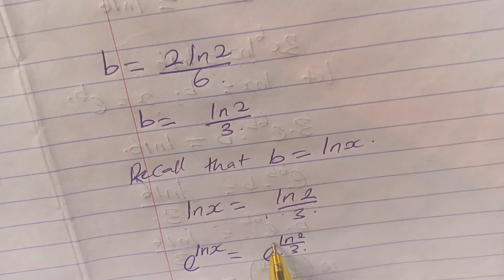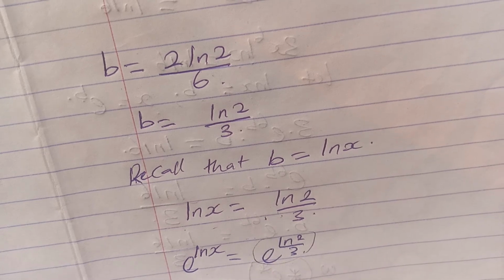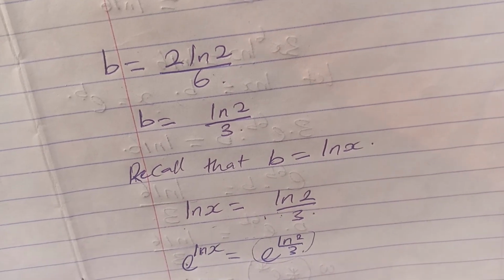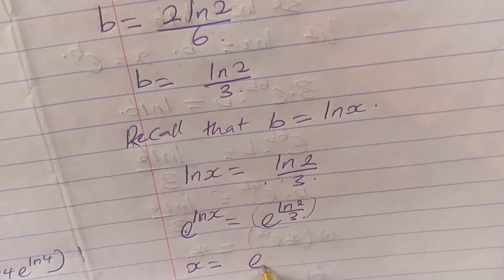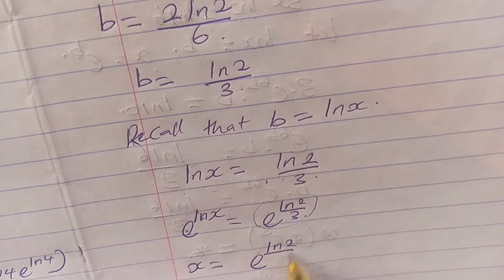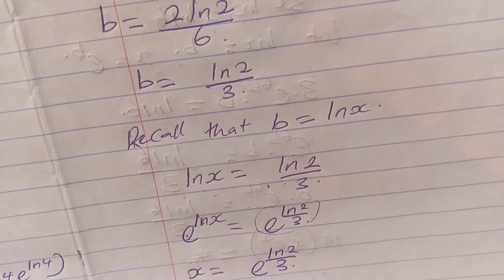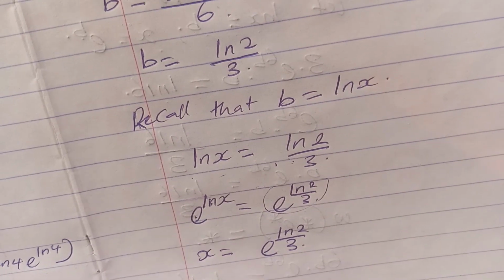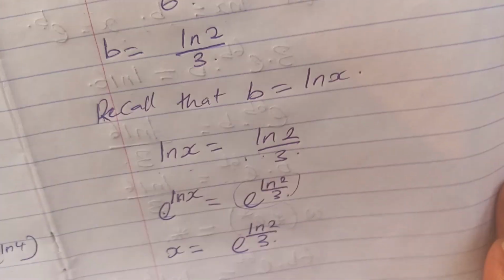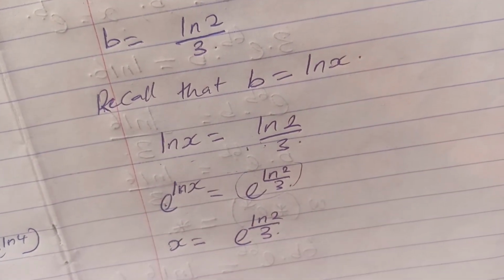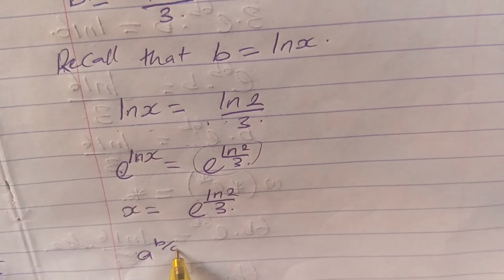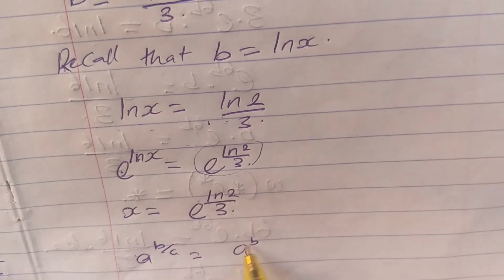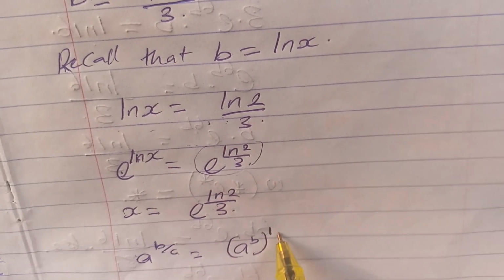Now we have to note something here. This and this will go. So we are now having x equal to exponent of ln 2 over 3. So this is the value for x. But if we solve further, note something here. Recall a to the power of b over c is also equal to a to the power of b, all to the power of 1 over c.